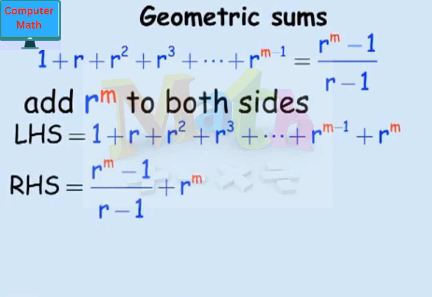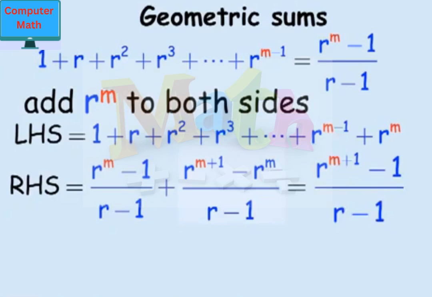Well, let's simplify a little bit. Let's put r to the m over the denominator r minus 1, which I do by multiplying it by r minus 1. And then it comes out to be r to the m plus 1 minus r to the m over r minus 1. And I collect terms, and look what I got.